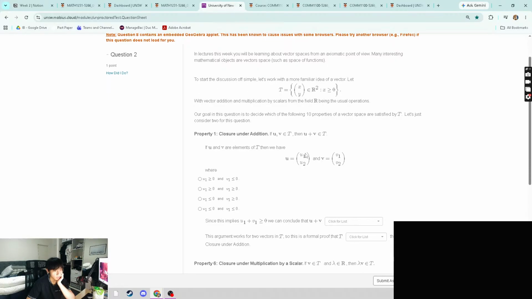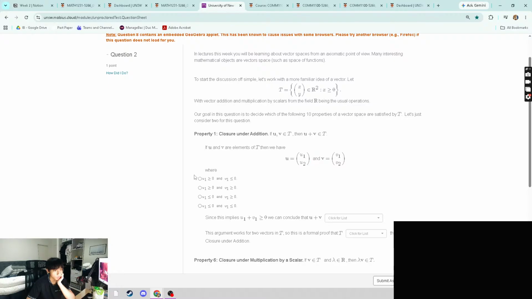then we have u and v, where u1 and v1 are both larger than 0.